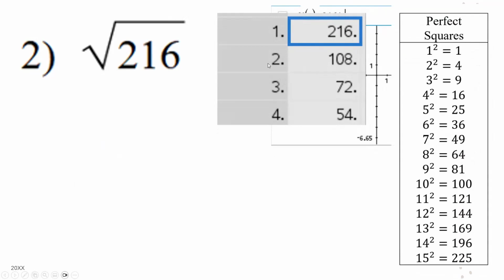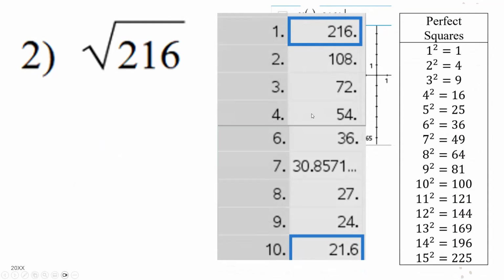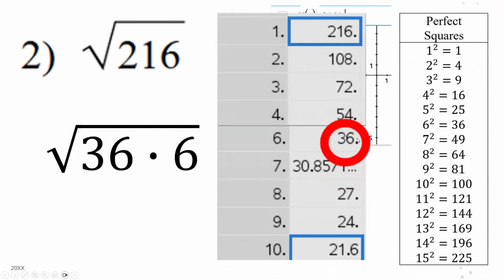1 times 216, 2 times 108, 3 times 72, 4 times 54. Ooh, 4 is a perfect square, but is there a bigger one? 6 and 36. Oh boy, 36 is our winner. You can keep going down the list. You won't find another one that's higher. So what is it? You break it down to be 36 times 6. You use those factors. I like to lead with the perfect square.